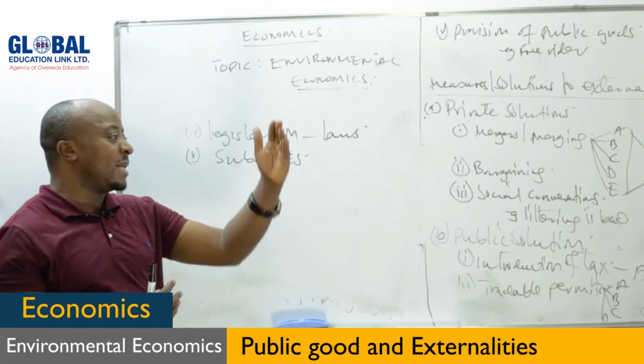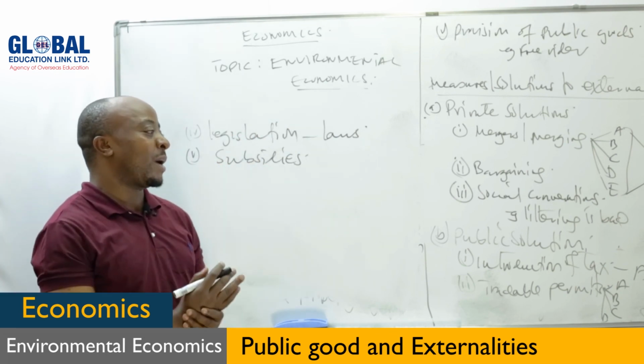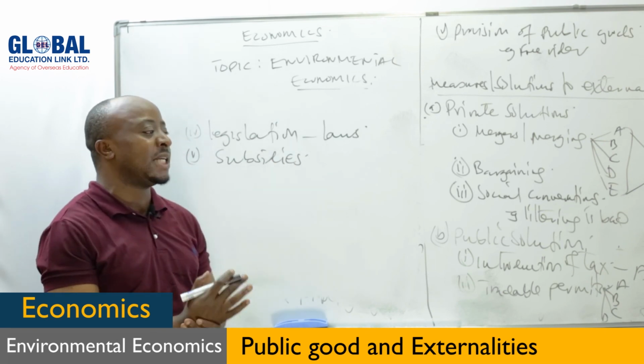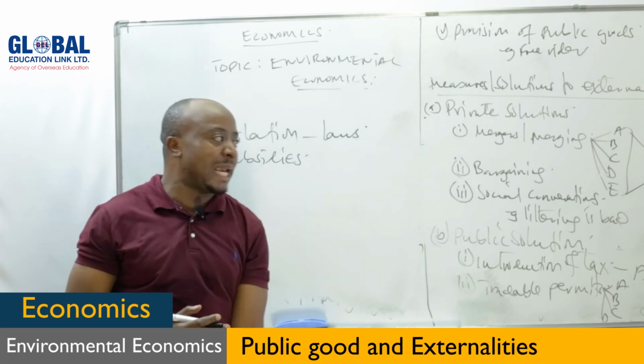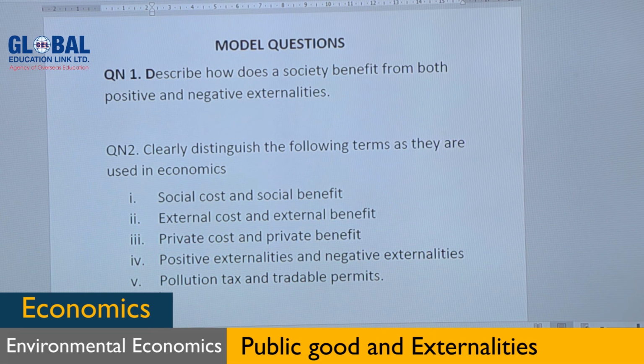Now, we can observe from the screen that there are some questions for discussion. You can discuss with your friend, or you can discuss at your own time. Try to consult different books, as I said, to see how you can solve those questions. We have two questions there. Question number one asks: describe how society benefits from both positive and negative externalities.